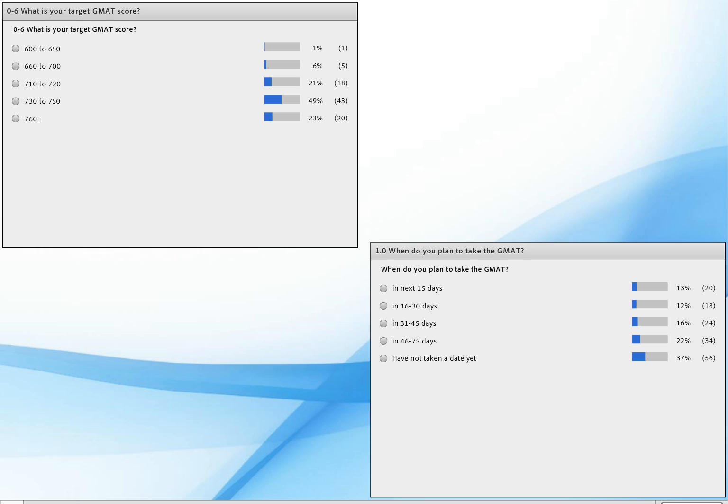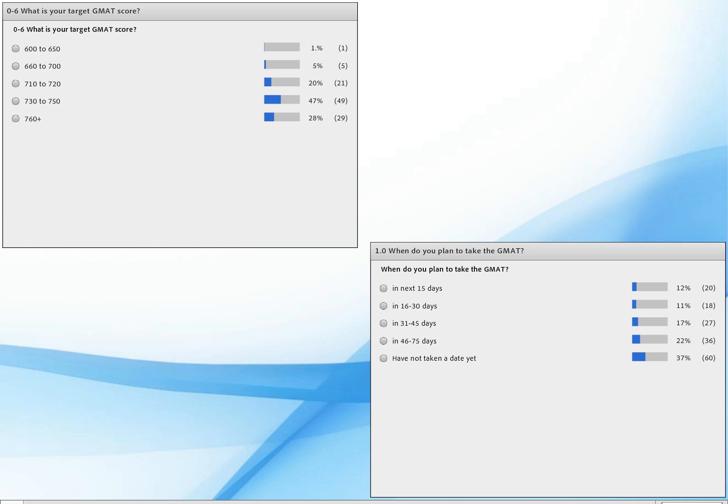And with regards to the target scores, about half of you are in that 730 to 750 bracket, a very significant number, and also in the 760 or higher bracket. And then about 30% of you are in that 720 or lower, and out of that, a very significant number in that 710, 720 bracket.